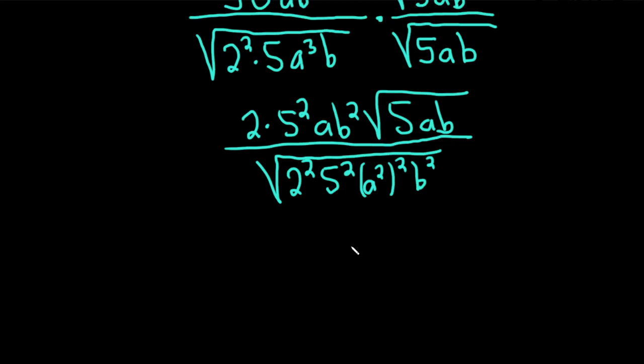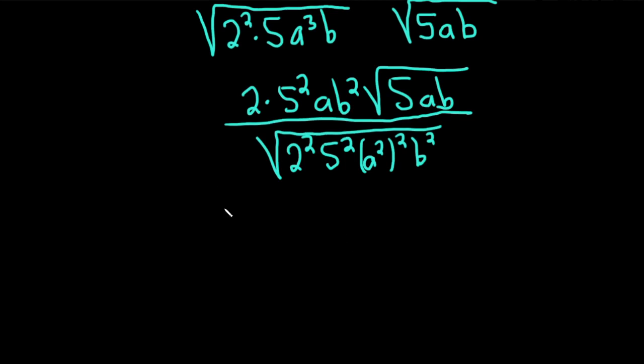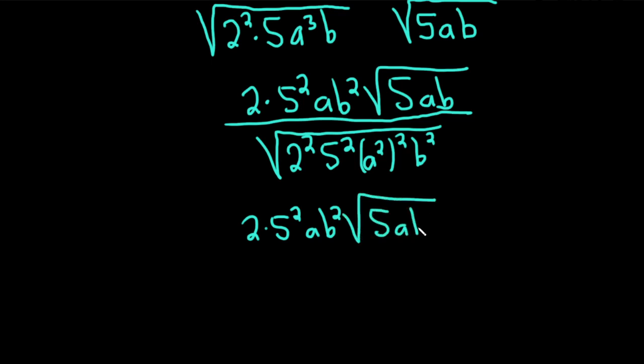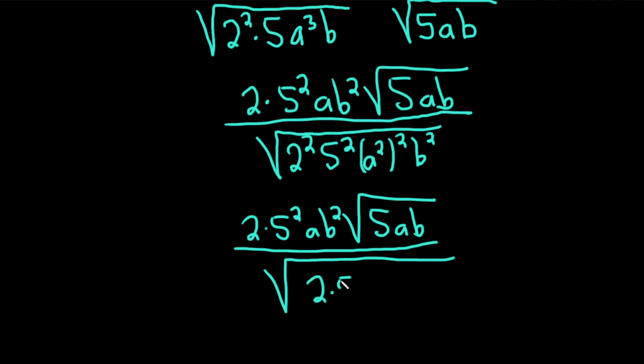Serious algebra here, right? It's a little bit harder than some of the other examples. Let's see, let's keep going. So this is 2 times 5 squared, ab squared, square root 5ab, all over, and then on the bottom we can write this whole thing squared. So this is going to be 2 times 5 times a squared times b.